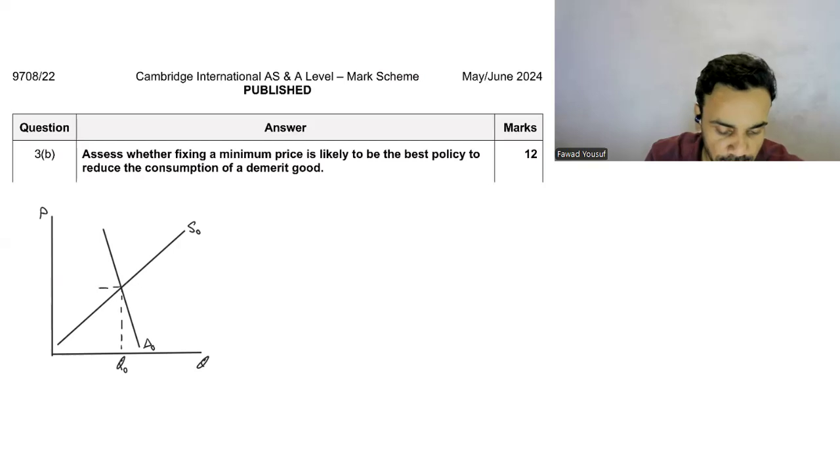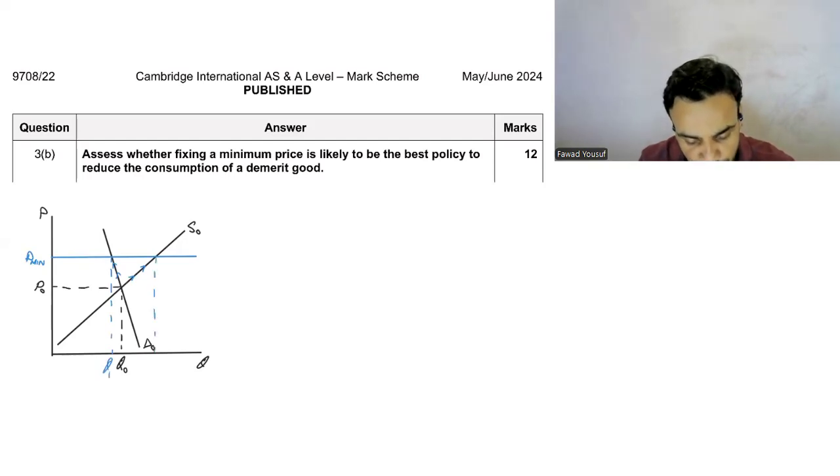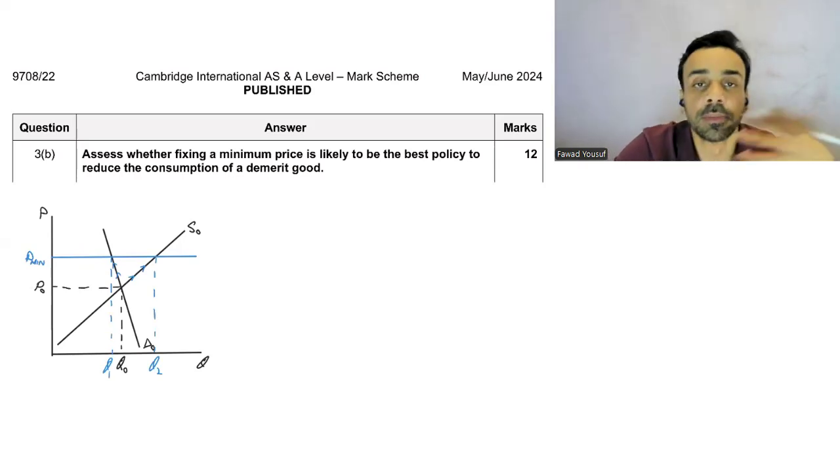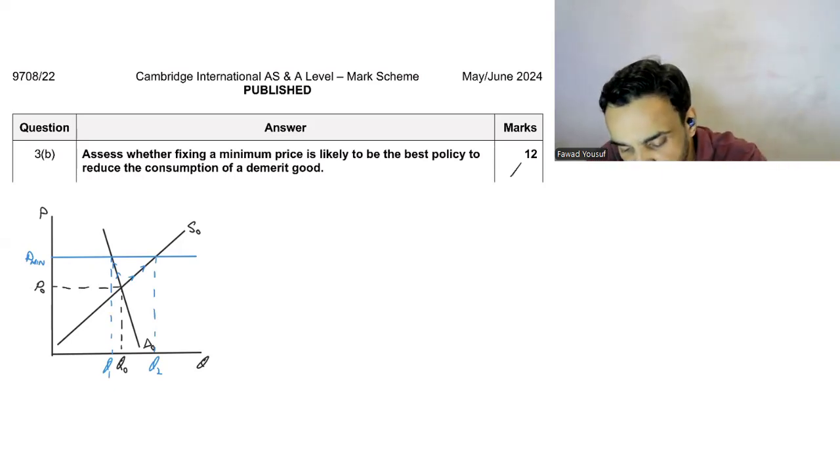It's perfectly fine even if you don't factor that in, and you place the minimum price above equilibrium and do the whole labels as we've seen in another question that came in 2025, and you show how it is able to reduce consumption. Then I think you've done the part the question requires. But once you start explaining the diagram, then I'm like, okay, how's the breakdown?